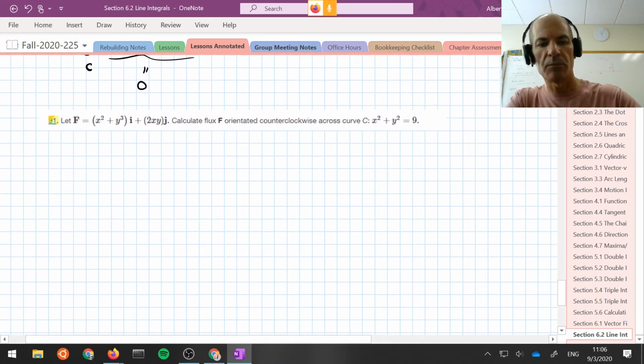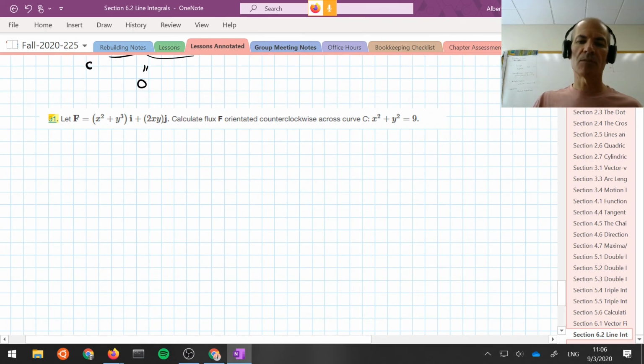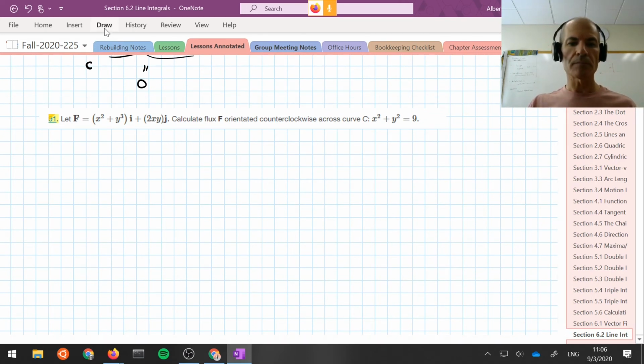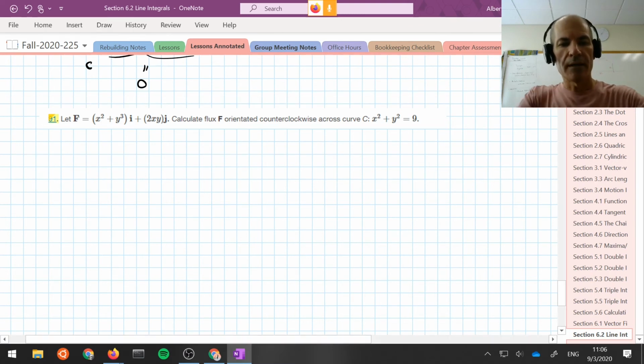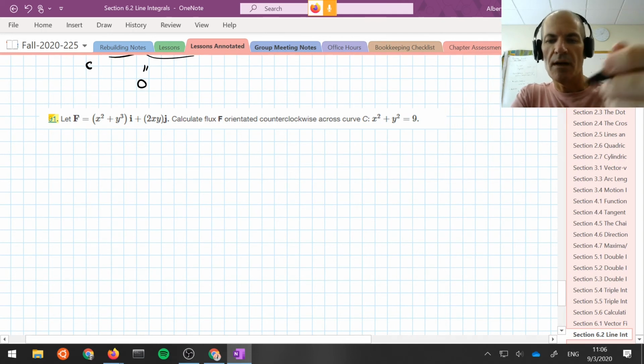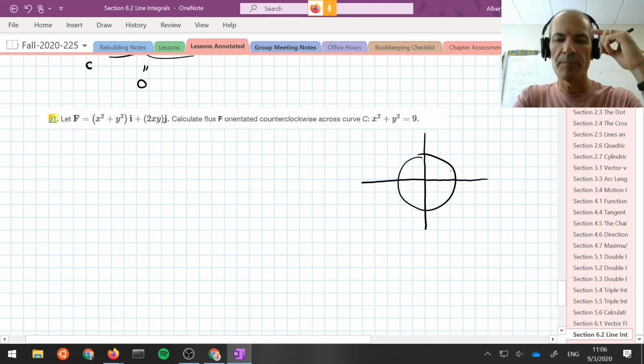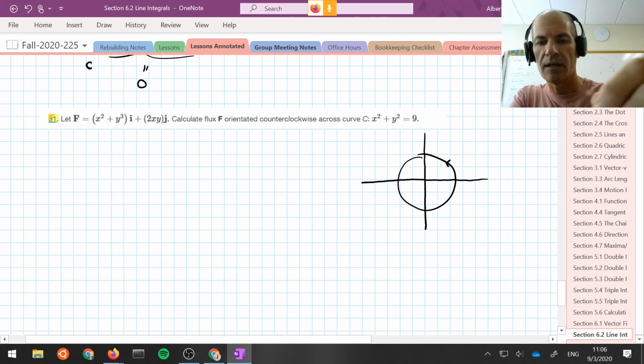Let's do one that's a little bit more complicated. Let's do the flux along this curve. Alrighty, the flux along this curve, let's parameterize it. Let's plot it first. So the curve is, of course, just a circle of radius 3, and it's oriented counterclockwise.